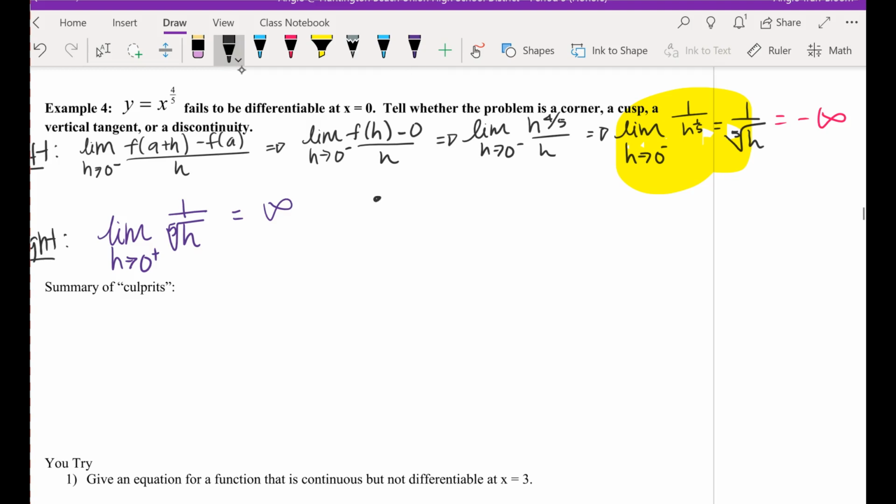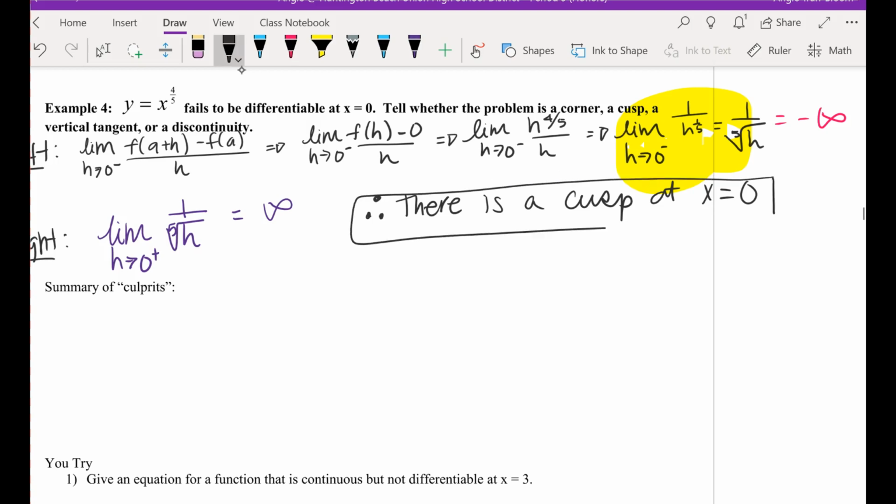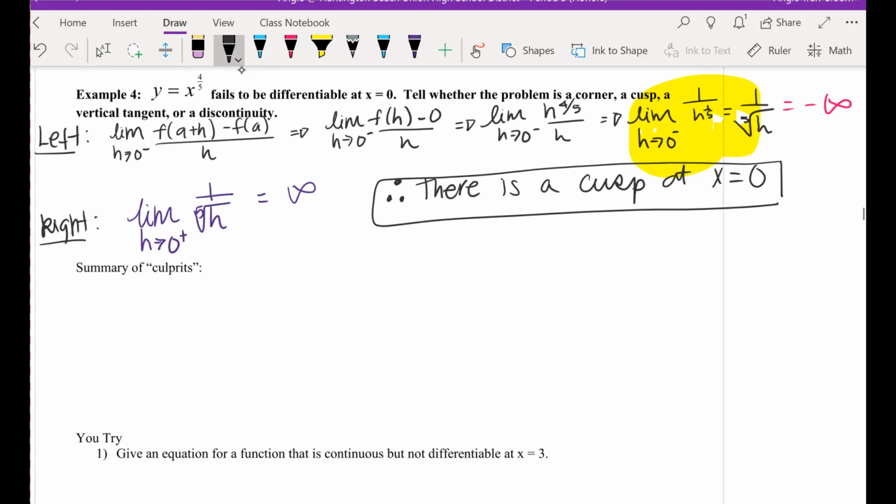Okay, therefore there is a cusp at x equals 0. Oh yeah, C-U-S-P, I know. My handwriting is terrible.